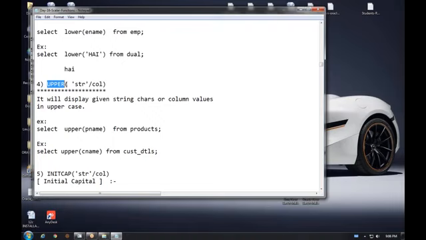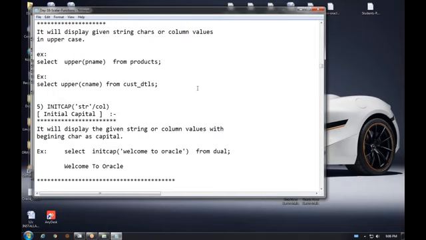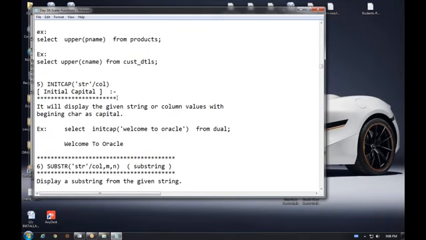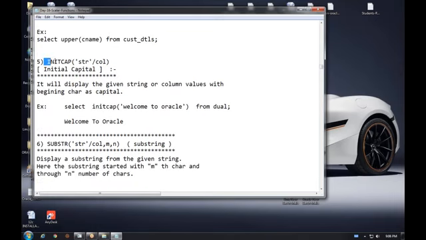Init cap, initial capital. If you submit Oracle, O is capital, remaining are small. The initial letter of each word should be printed in capital case.